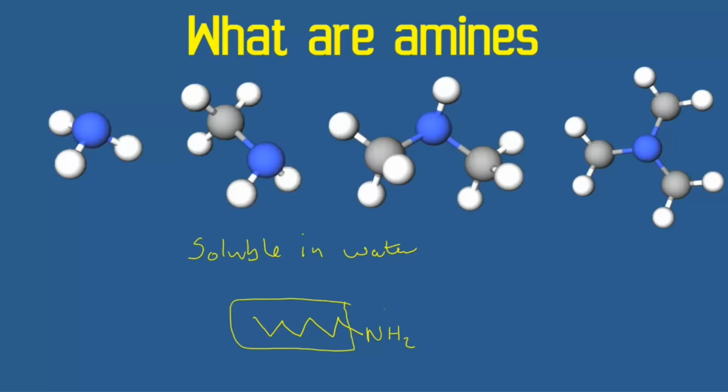So even though you can get some hydrogen bonding going on up here, which is why these things are soluble in water, it just won't be enough to dissolve. So longer chains are insoluble.